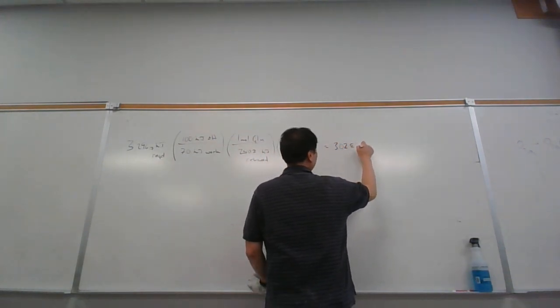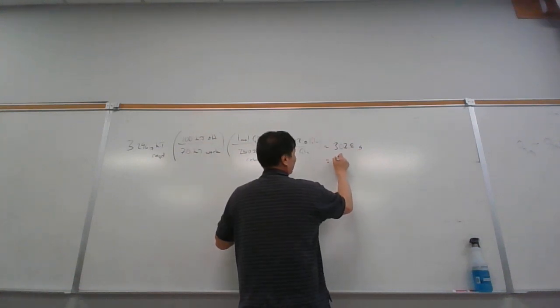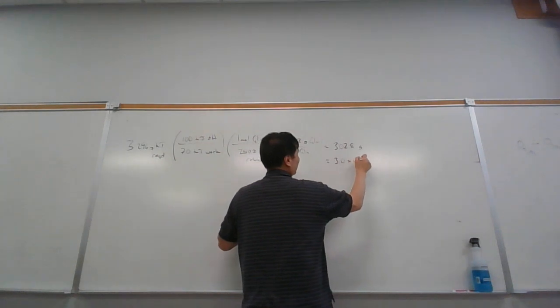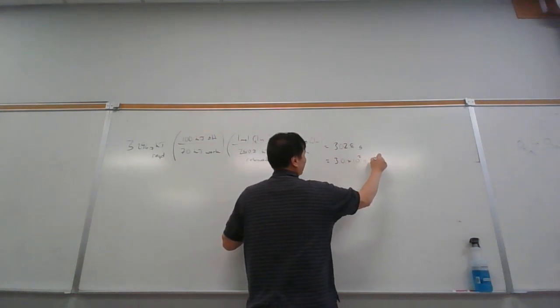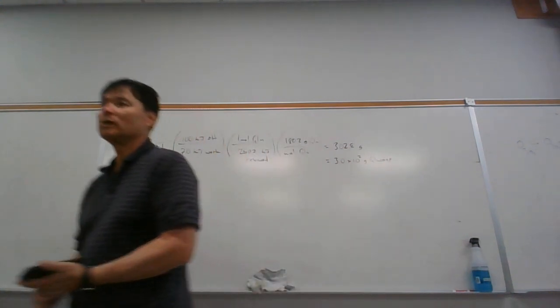That's 302.8 grams. Looks like we're allowed about 2 sig figs. So about 300 grams, 3.0 times 10 squared grams of glucose. 300 grams of glucose. All right.